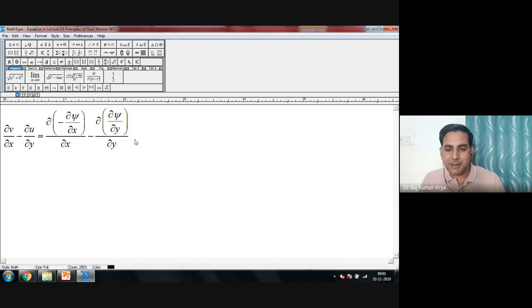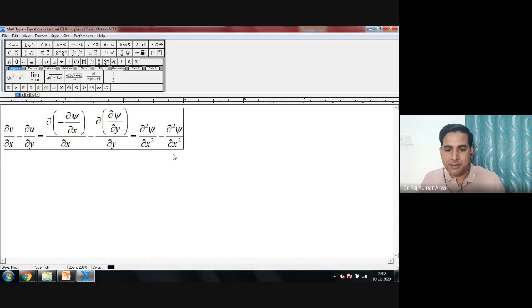Does anything come from here? What comes? Minus del square psi upon del x square. So you are getting minus del square psi upon del x square. And the next one is also the same thing with a minus sign, right?